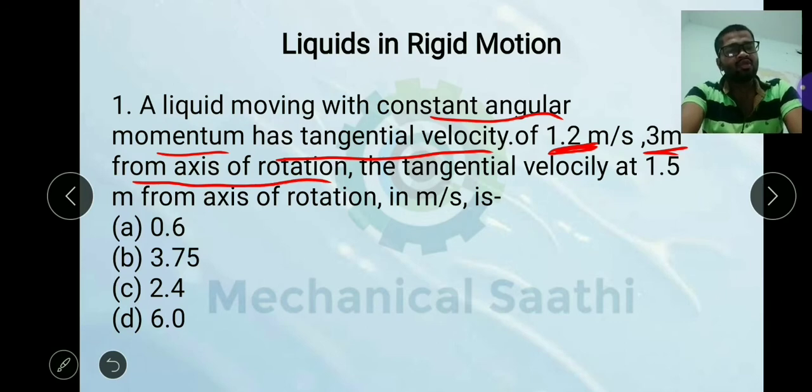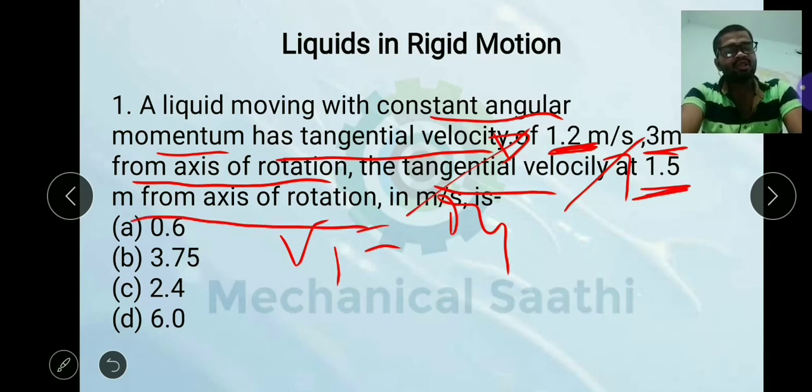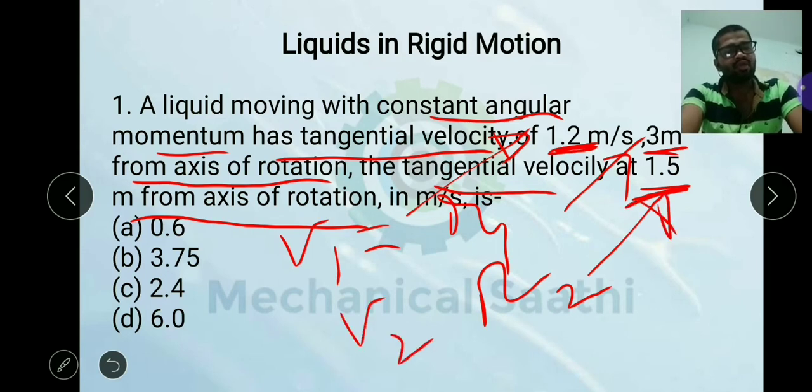So here let v1 be 1.2 and r1 be 3 meter. And the tangential velocity at 1.5 meter from the axis of rotation will be how much meter per second? So at r2, v2 will be equal to how much, that I need to calculate.